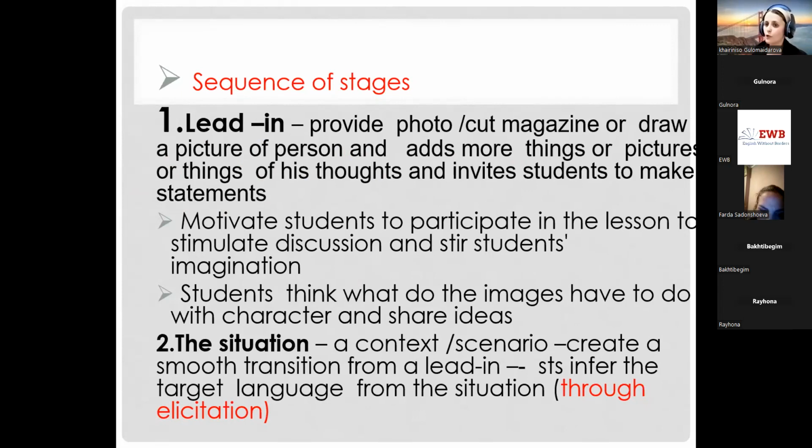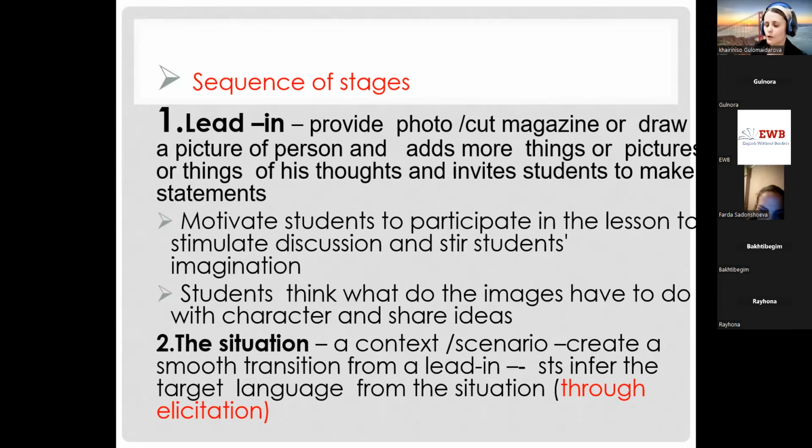And then you invite students to make statements about him. And why should you do this? It motivates students to participate in the lesson. And also it stimulates discussion and stirs students' imagination. Also, students think, what do the images have to do with the character? And then they share first ideas with each other and then with the whole class. And you can do it maybe on the slides or on the board.